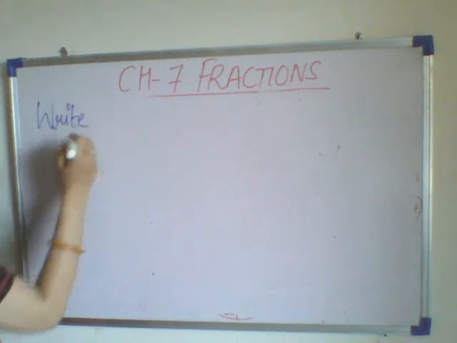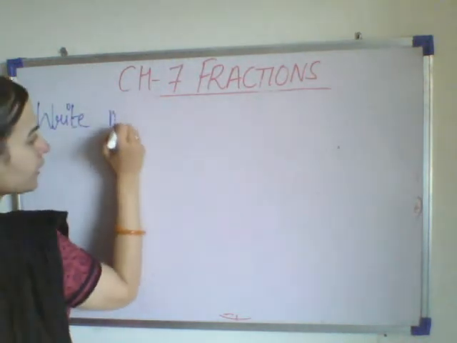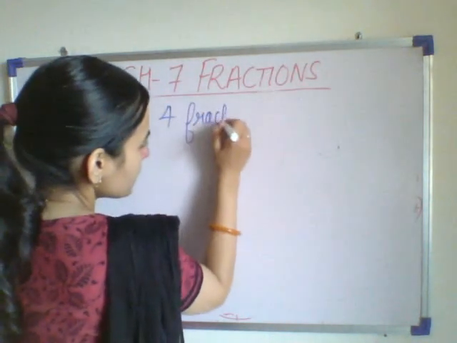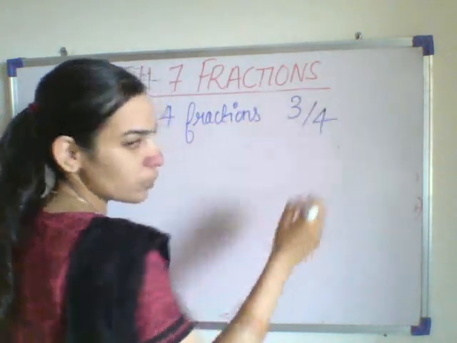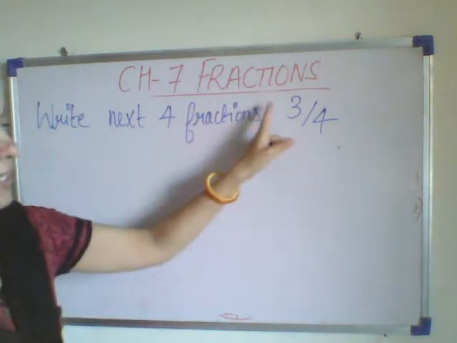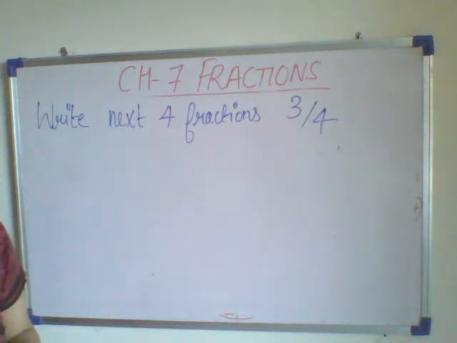We have to write the next 4 fractions which are equivalent to 3 by 4. The fractions which are equivalent to 3 by 4, we have to write the next 4 fractions. So how will we be writing it?